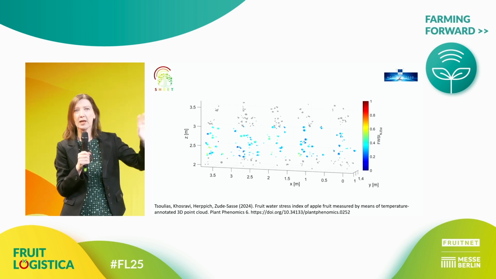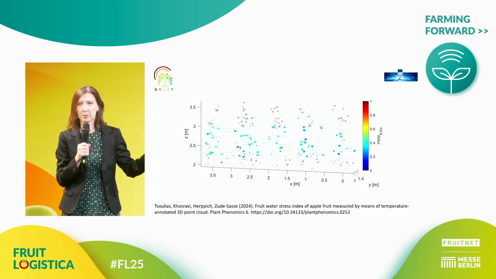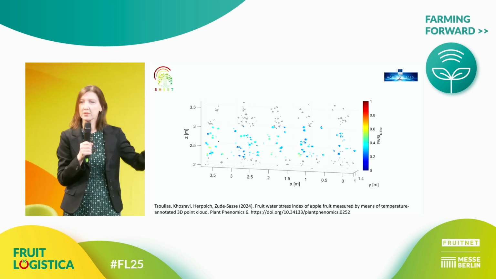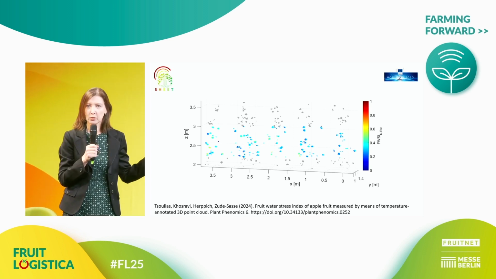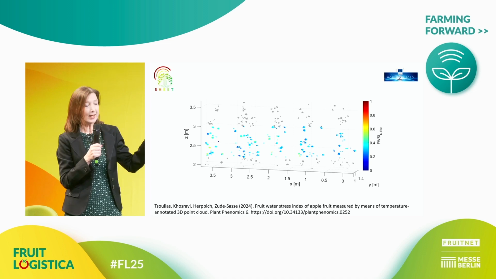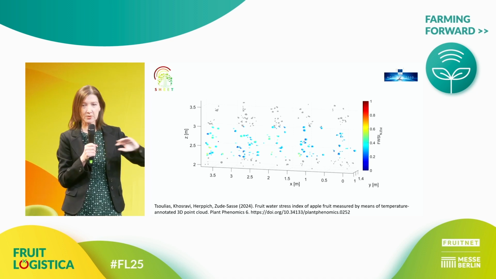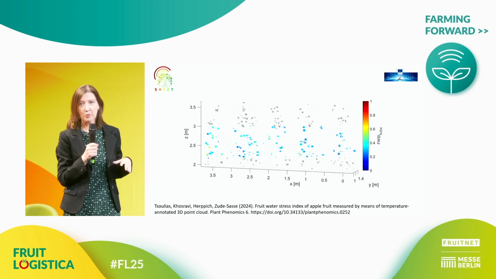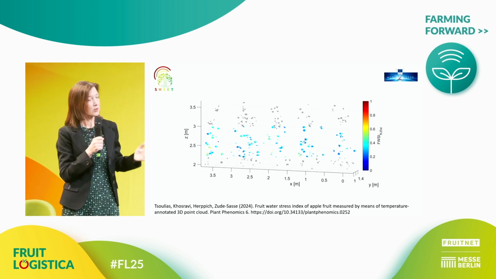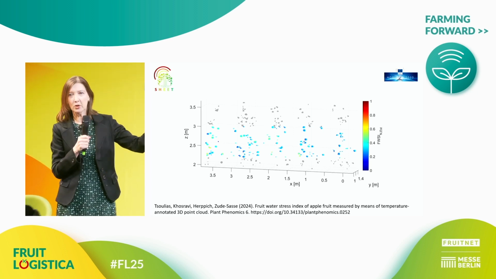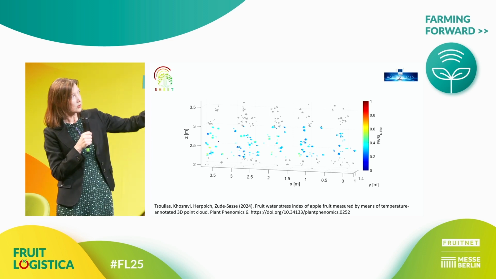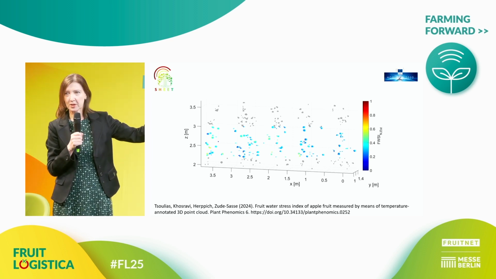Everything that is gray and colored is a fruit, but only some are gray and only some are colored, and only those which are colored are temperature annotated. So the LiDAR sees all the fruit, but the thermal camera can only see some of the fruit. That means we can only annotate some of those fruit. And you see the one at the top, we didn't color at all.